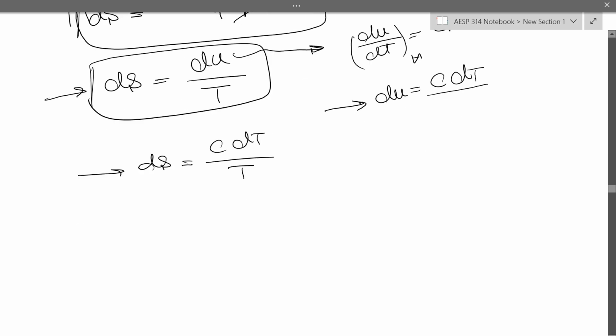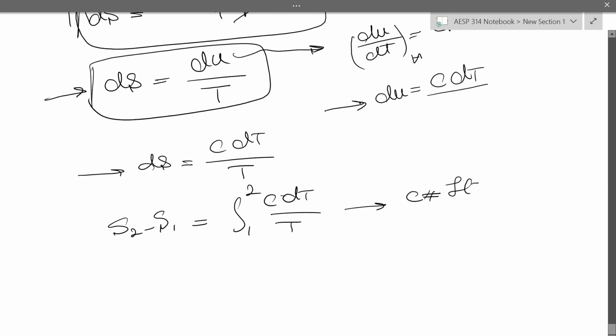Can we take the integral here? If you take the integral, from the left hand side you're going to have S2 minus S1, then the integral of C dT over T. If we assume C is not a function of T, then we'll end up with C times the integral from 1 to 2 of dT divided by T. And what is the solution to this integral?